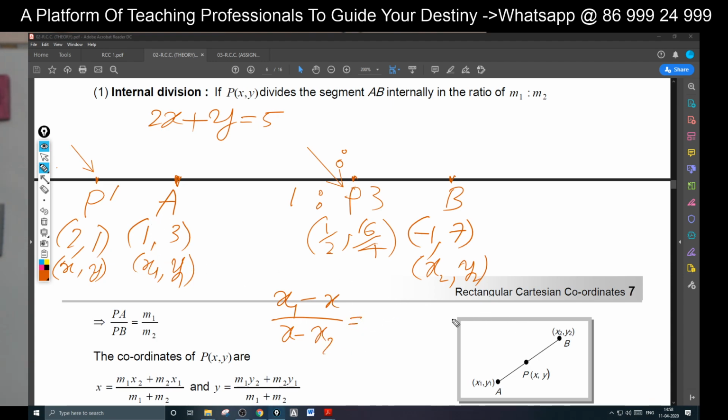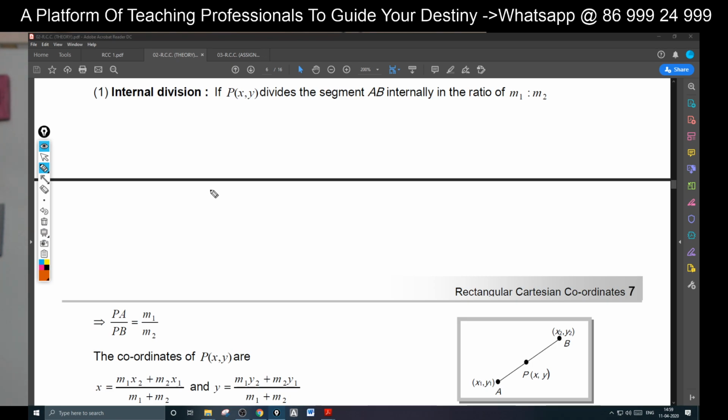What is x1 here? 1 minus x, 2, divided by x here, 2, x2 here, minus 1. So what is the ratio you got straight away? Minus 1 by 3. This is the straight formula. I'm giving you this straight as the formula like this.